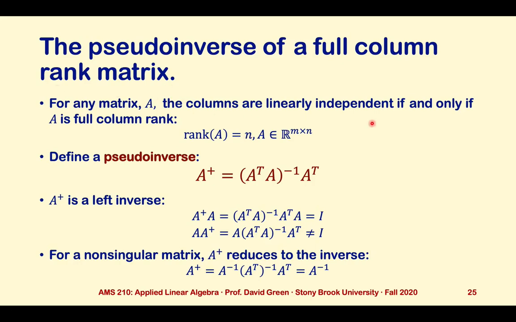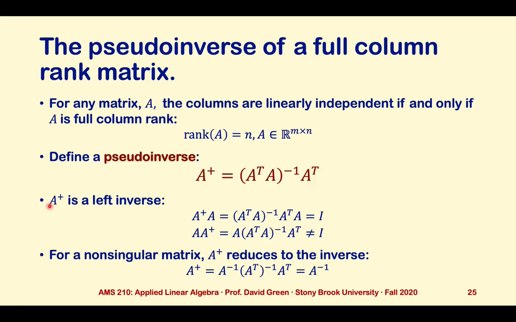In this case of a full column rank matrix, we can define a pseudo-inverse that is simply this product that we were going to use, this matrix that we were going to use to multiply b by in order to give us an answer. And let's think a little bit about the properties of this product and why we might call it a pseudo-inverse.